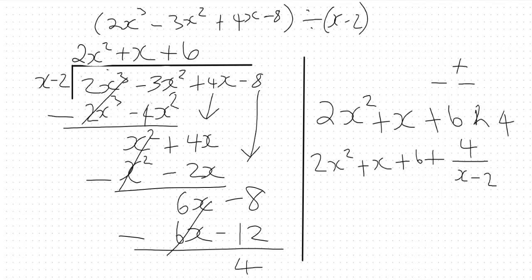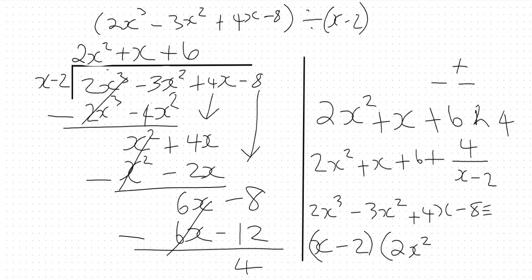And in answering this question, we can also rewrite to say that 2x cubed, original question, minus 3x squared plus 4x minus 8 is equivalent to x minus 2 times 2x squared plus x plus 6, plus 4.